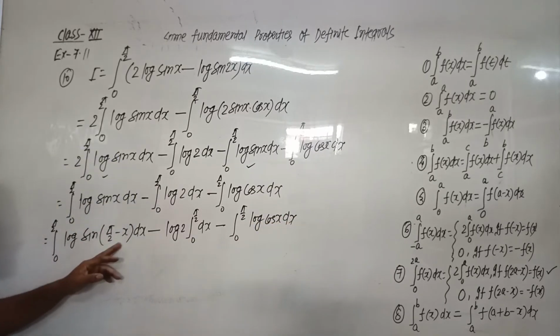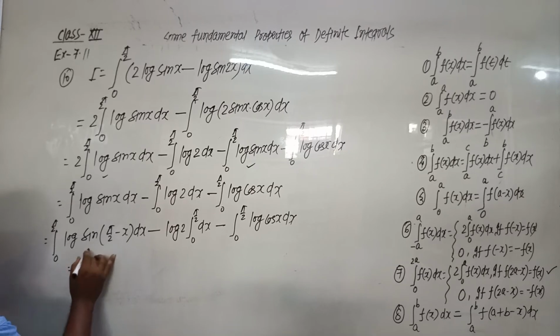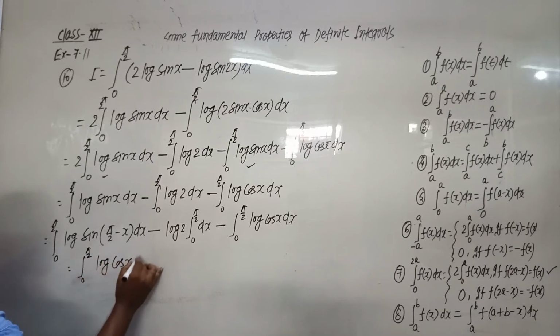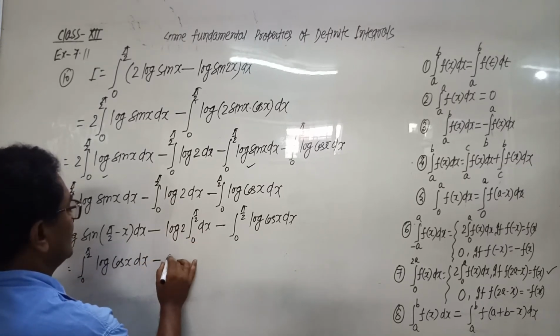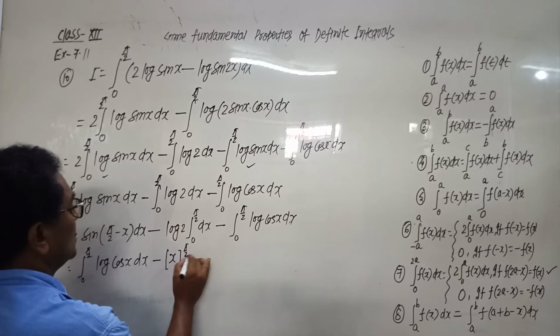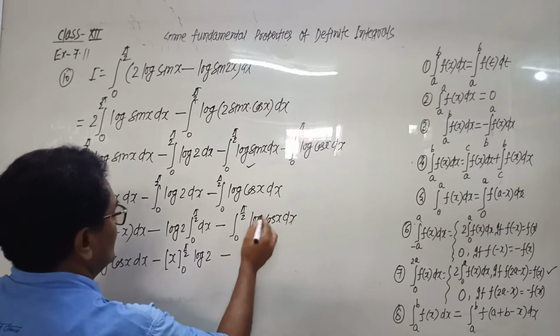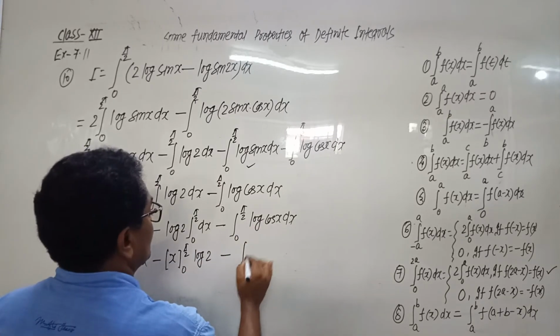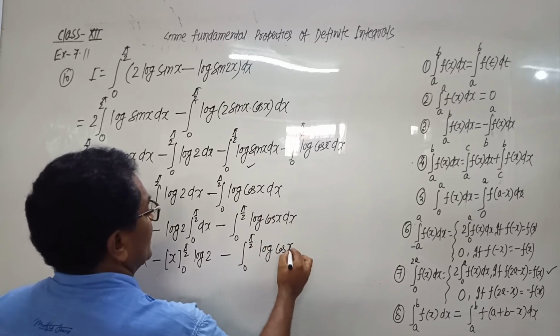We have sin 90 minus theta. When we expand, we get cos theta. So 0 to pi by 2 it becomes log cos x dx, minus integral of x dx is x and limit 0 to pi by 2 and log 2 would be written as it is, minus this would be written as it is integration 0 to pi by 2 and log cos x dx.